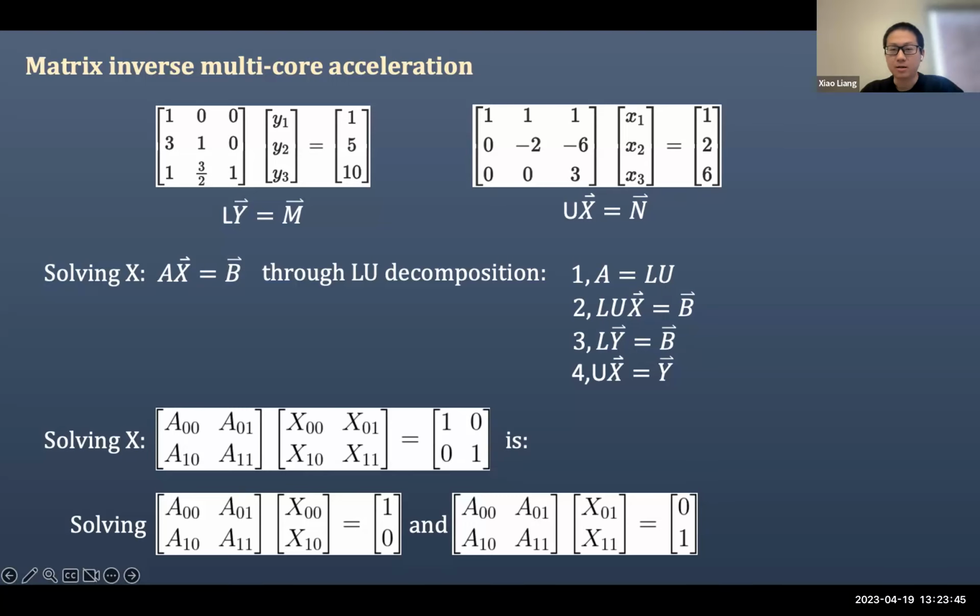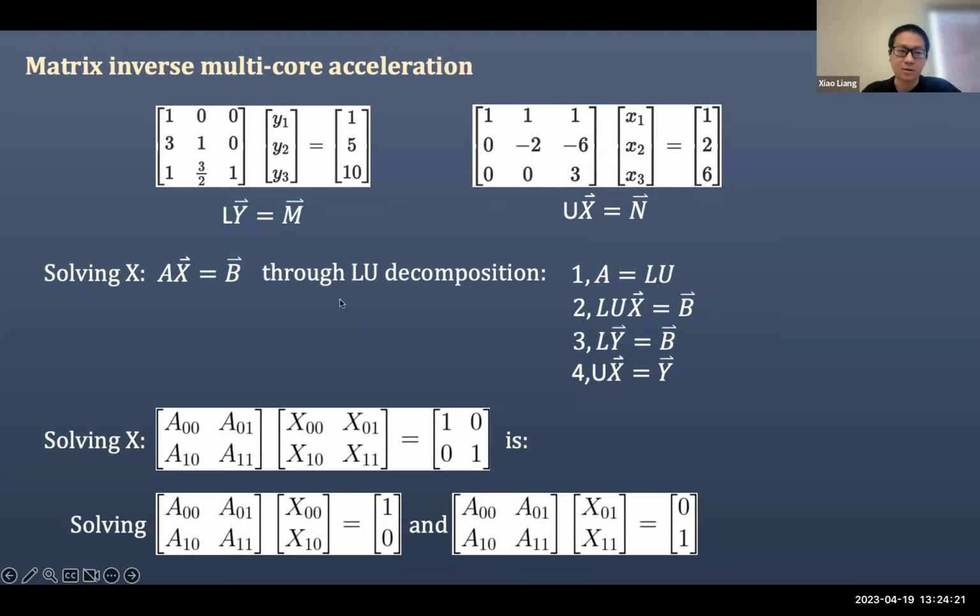As denoted in this slide, when solving the vector y for Ly = m, because L is triangular, it is straightforward that y1 is 1 and y2 is 5 minus 3 times 1. Therefore, each element of vector y is obtainable sequentially. When solving the vector x for the linear equation Ux = n, as U is triangular, x can be solved in a similar way.